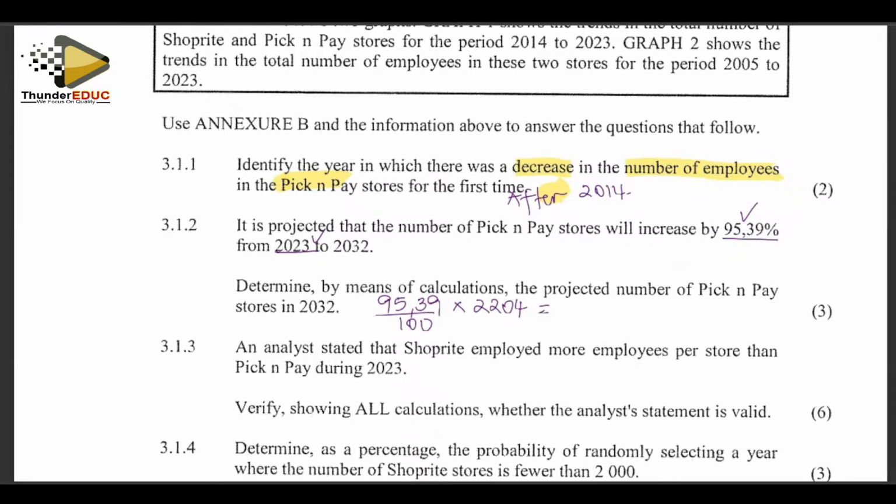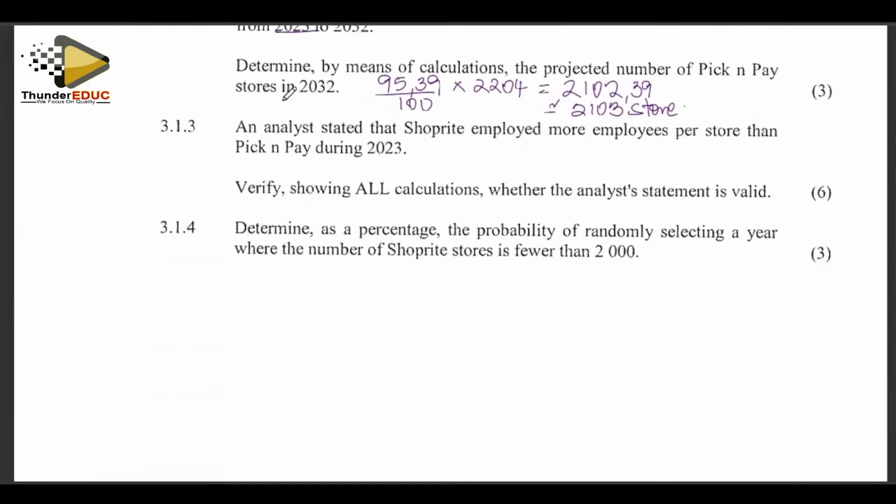It becomes 2,102, and we round it up since stores can't be half. You can do that. Discrete data.